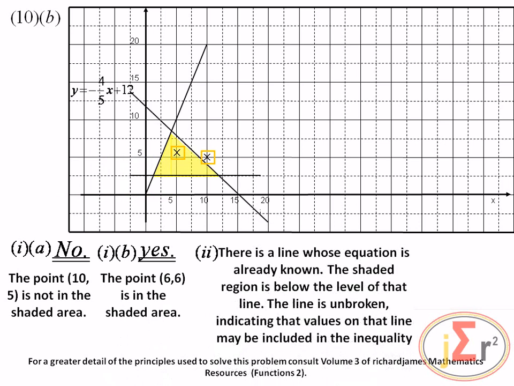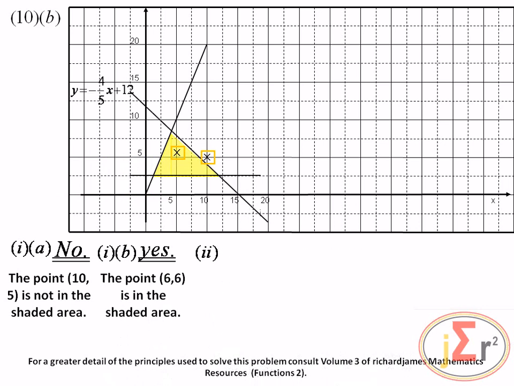Now, we are going to use the lines that we have to write down the associated inequalities. Right? So we are going to use the lines and write down the inequalities.